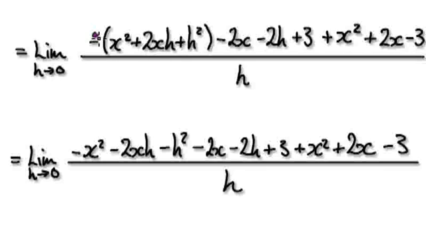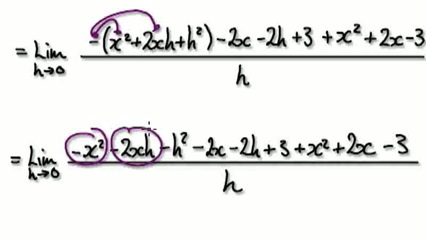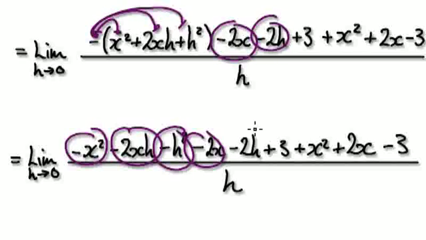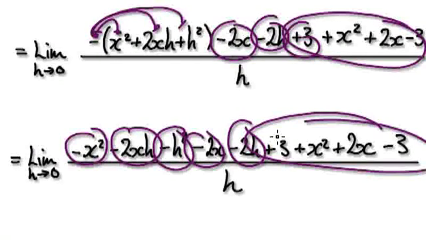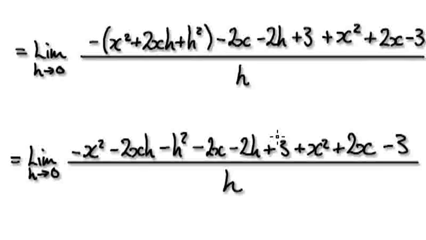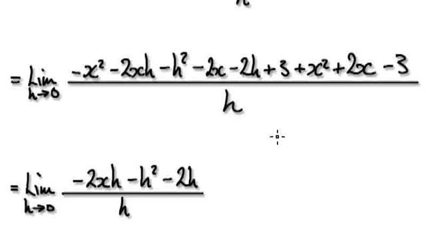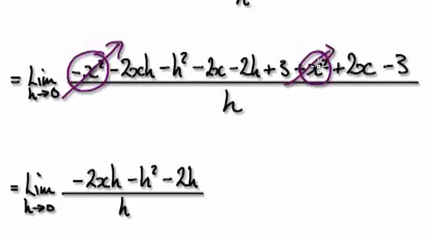Now tidy this up. So this here becomes this, and this here becomes negative 2xh, and then this times this will become a negative. This stays the same, they're all the same, so take the whole lot down here. The next step is to note that this thing and this thing here will kill off each other.